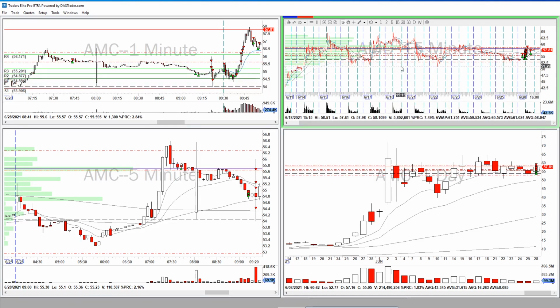So, what does this all do for us as intraday traders? Well, as AMC offers multiple dollars of price range on most days that it does trade, it has been sort of an interesting stock to trade in the month of June.